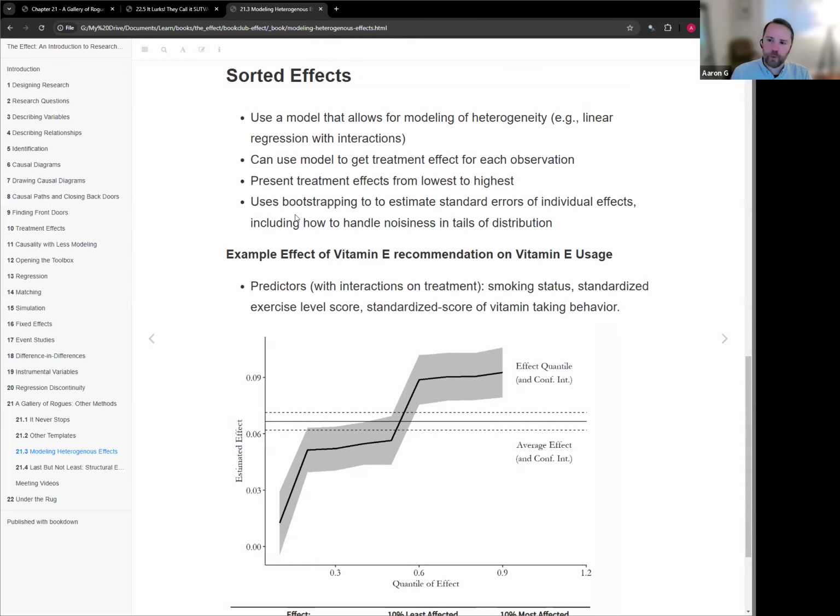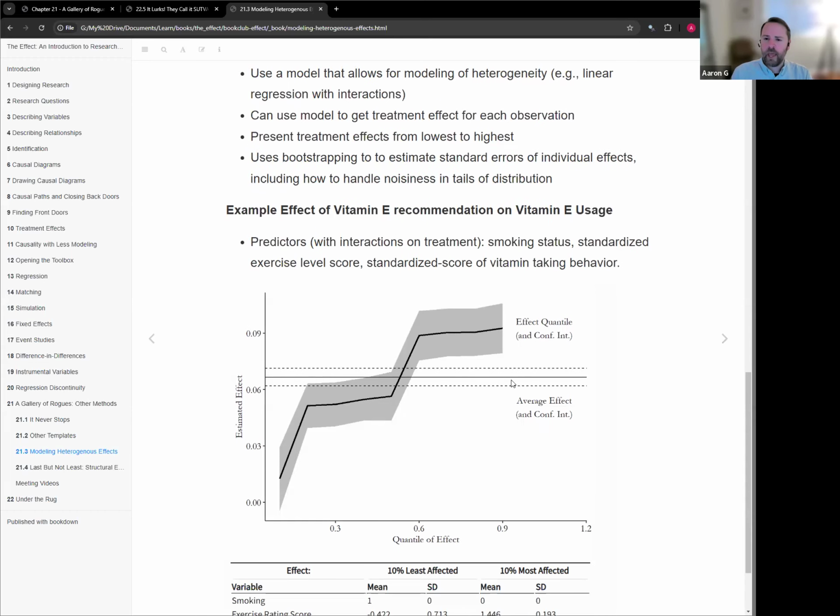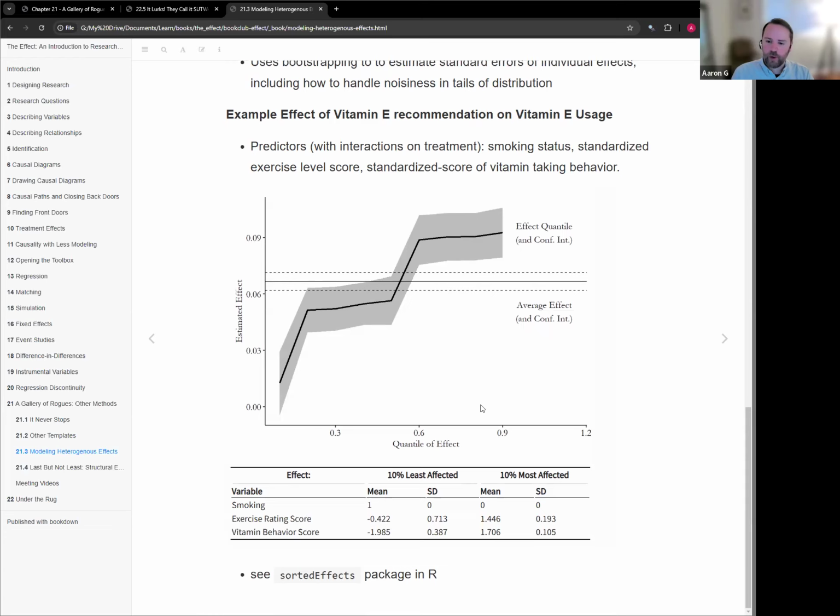Details are limited, but there is a bootstrapping that goes on that you don't get out of the box with a typical OLS model to estimate the standard errors of each of these individual effects. Estimating effects at the tails of the distribution is always hard for most models, and there are other features of this approach that apparently do a good job of handling that noise. So again, this is more of a whet your appetite kind of thing as opposed to a deep dive into how this works.